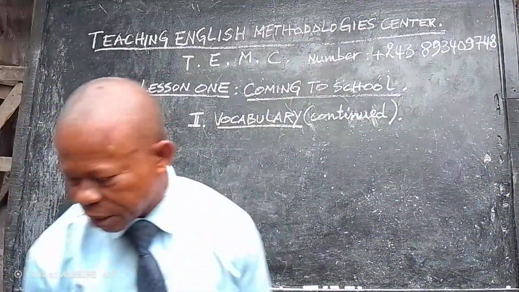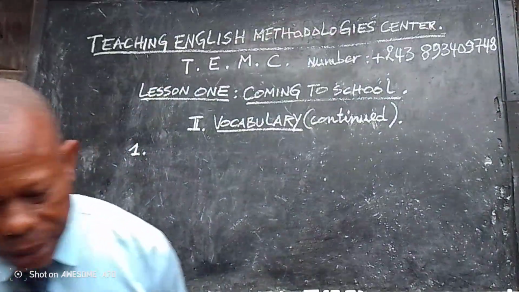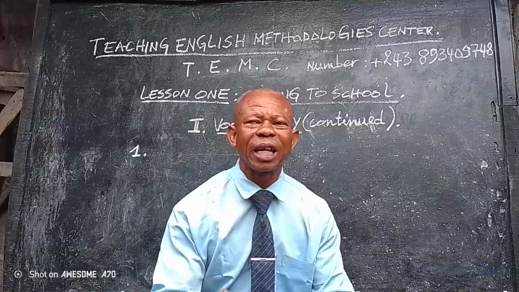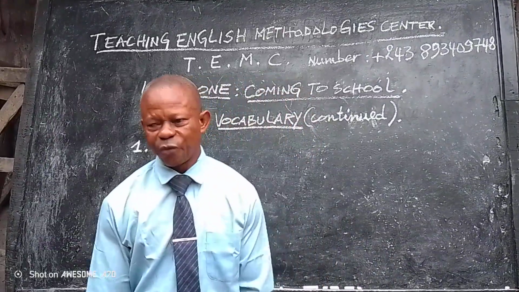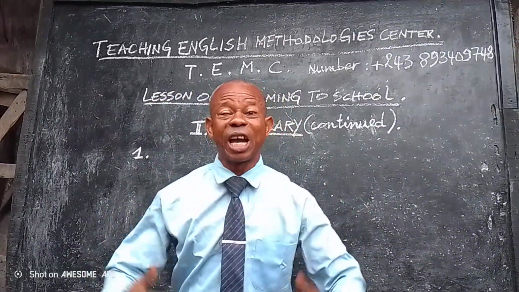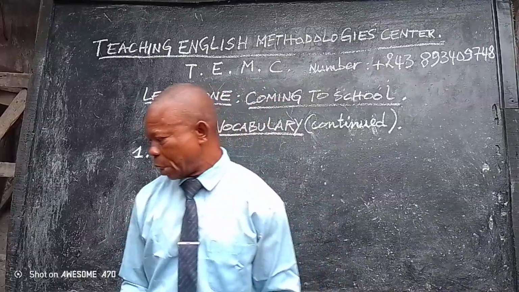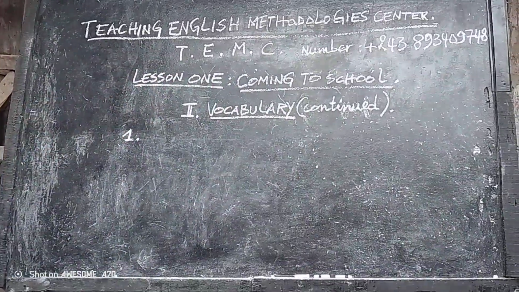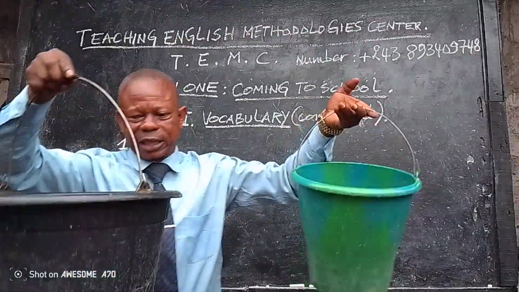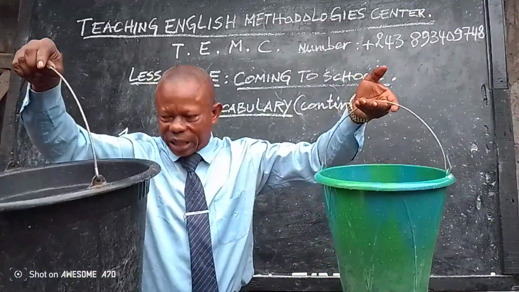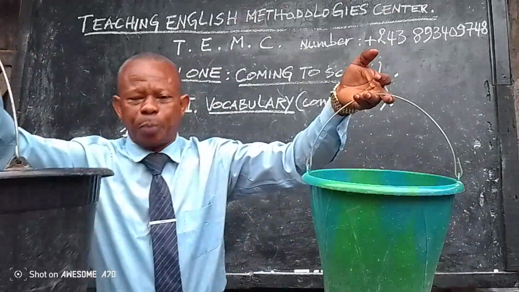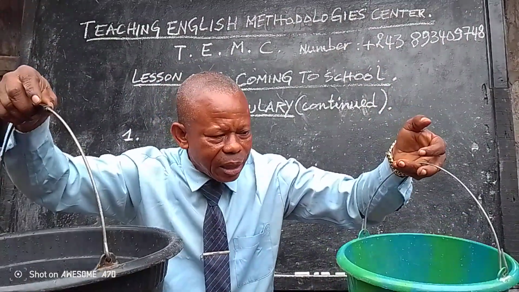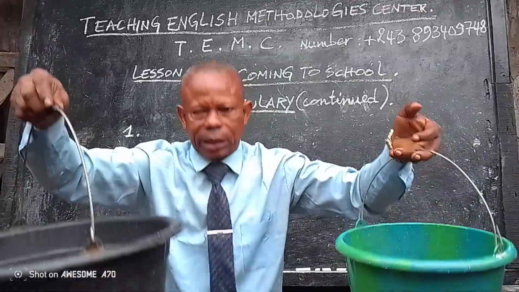The last word is big. How can you teach a word like big? Very simple, dear friends, teachers. You just take two objects, like two bats here, and then you ask pupils, how do you find those bats?